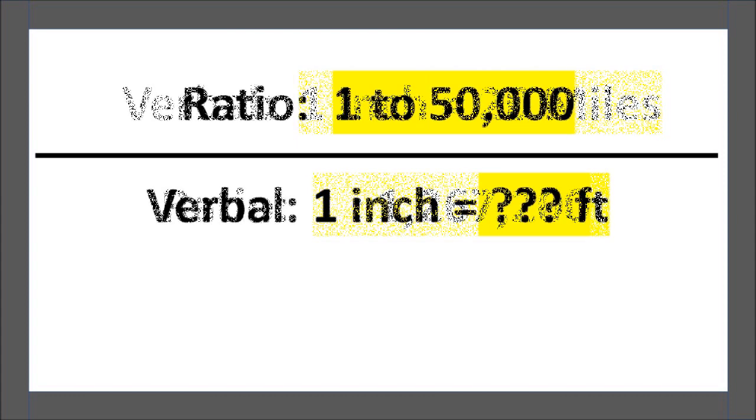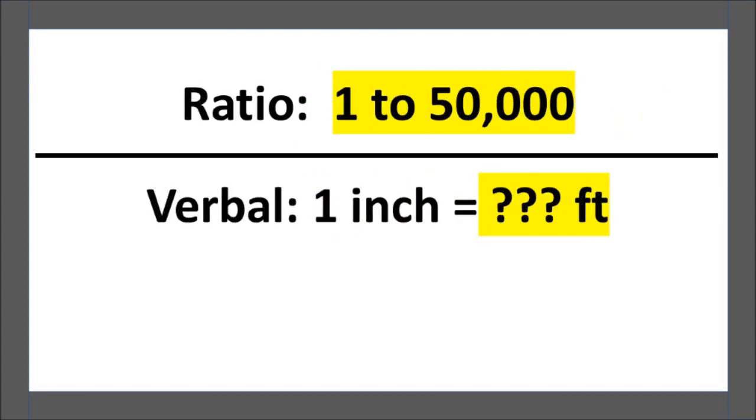Now, let's try it the other way. Let's say our ratio is 1 to 50,000. What is that in the verbal form? Let's say we're looking for inches to feet. We set it up like this. We have in the ratio form 50,000 inches.